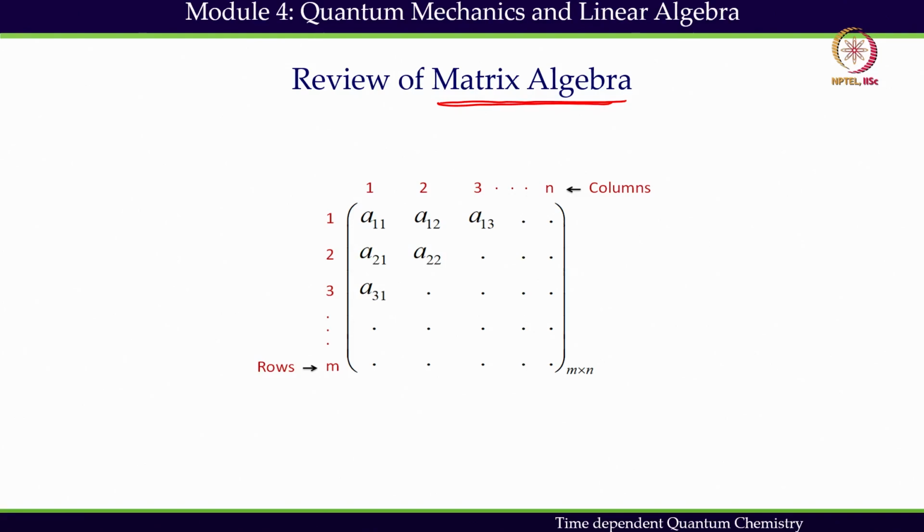Just to remind, what does this mean? These are the rows we have, and these are the columns we have. A matrix can be of the order m by n. When we represent a matrix, certain rules are followed to carry out algebraic operations with matrices.